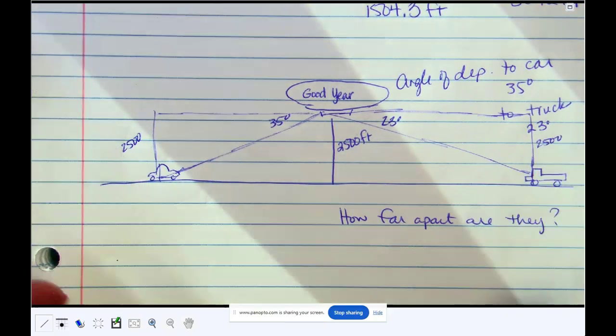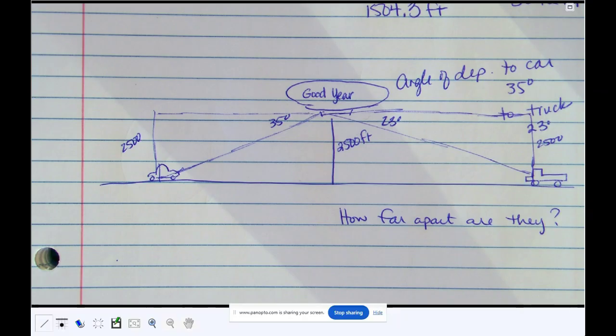One second. Okay, so you guys, the thing that's going to make or break you is if you put your angles in the wrong spot. Horizontal and down, horizontal and down, not at the bottom. Depression is not at the bottom. Depression is horizontal and down.